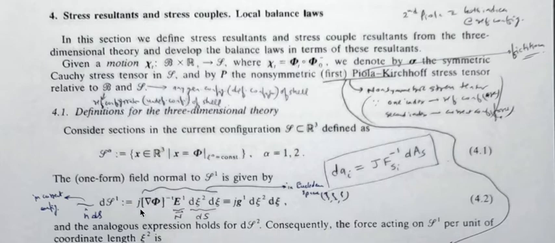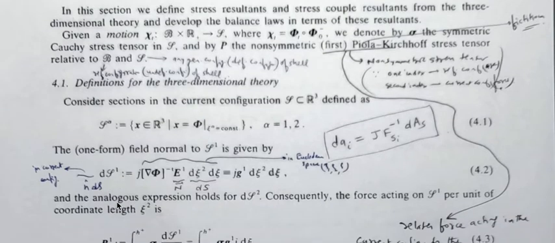So this is J, Jacobian of deformation gradient, times F inverse transpose, which gives this term, times NDS. NDS is nothing but this dA. So this is what is written over here, and the left side what we have is d small a, which is n hat ds, which is in the current configuration.